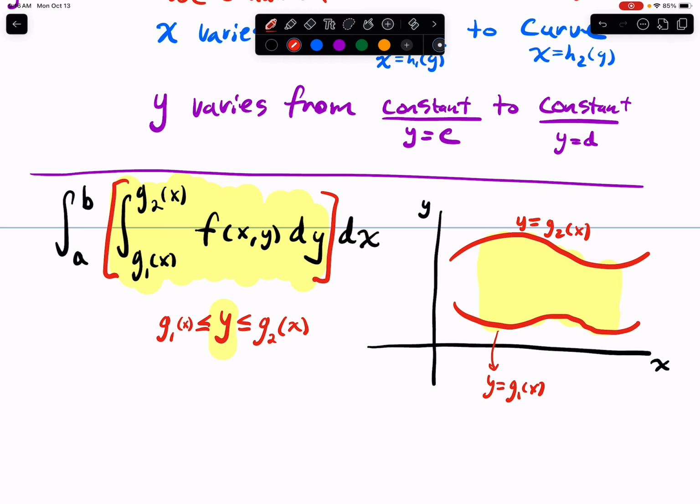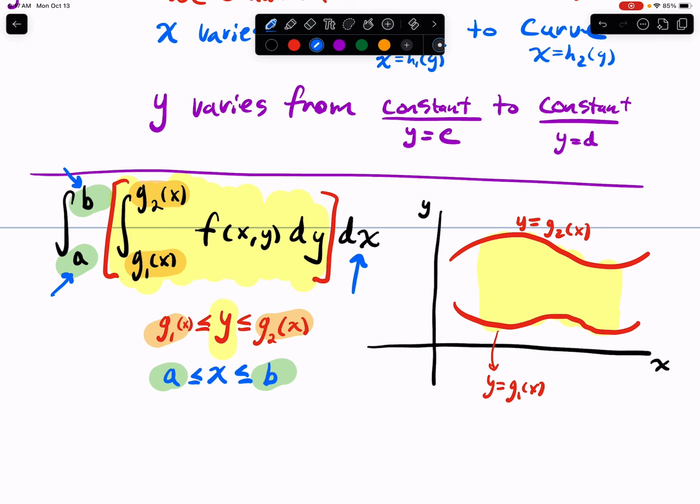And then what am I doing? I'm integrating with respect to x between a and b. So my x values are stuck between a and b. So whenever I integrate the inside piece here, I'm integrating from curve to curve, and then I'm integrating from point to point. Okay?